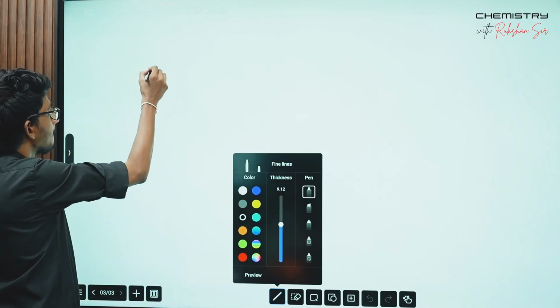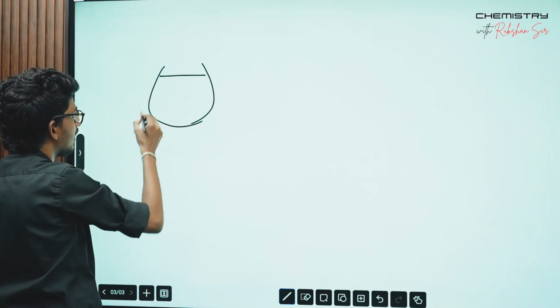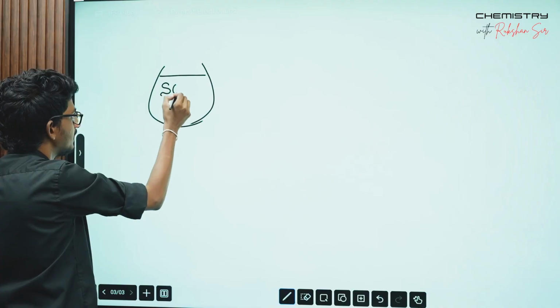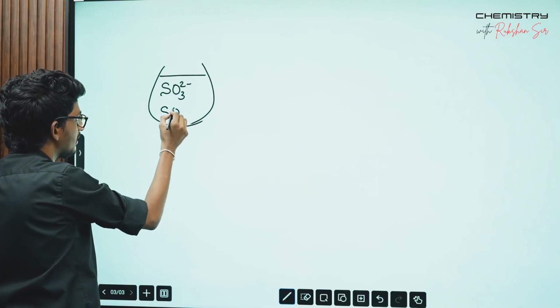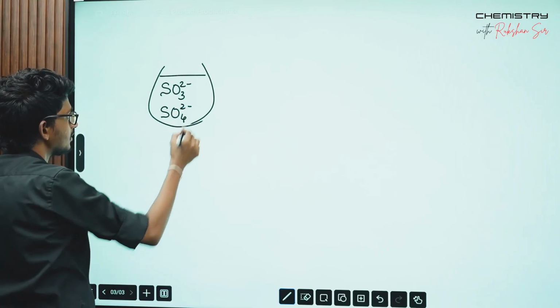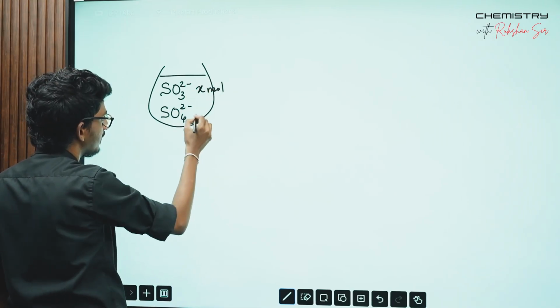See, you are with a flask with SO3 2- and SO4 2- in it. You have some X moles here, Y moles here, no worries.